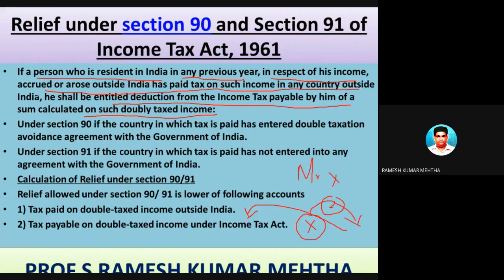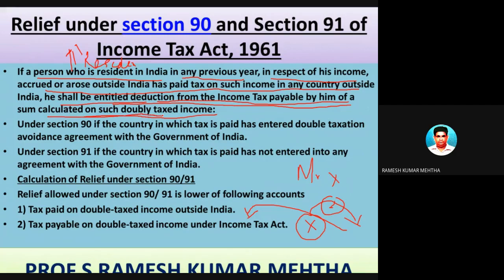So again, if a person who is resident in India in any previous year, in respect of his income accrued or arose outside India, has paid tax on such income in that country outside India, he shall be entitled to a deduction from income tax payable by him of a sum calculated on such doubly taxed income.